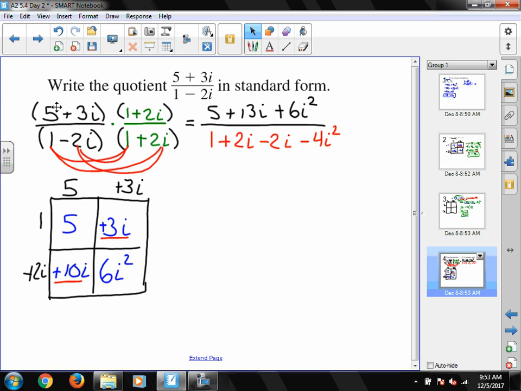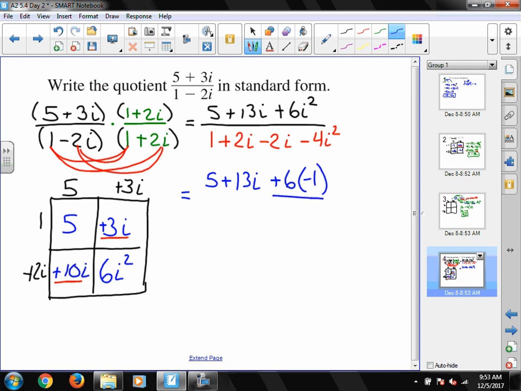And what we can do is plug in our negative 1s for our i squareds. We're going to get 5 plus 13i plus 6 times negative 1, all over 1 minus 4 times negative 1, which gives us 5 plus 13i minus 6, all over 1 plus 4.